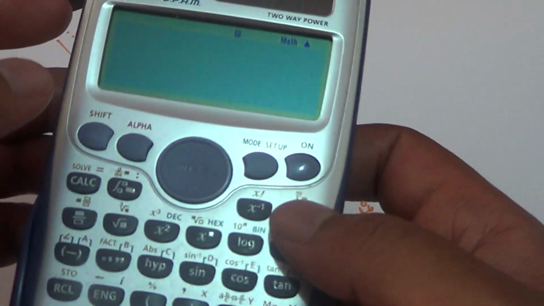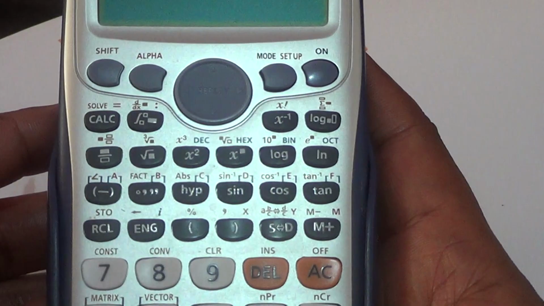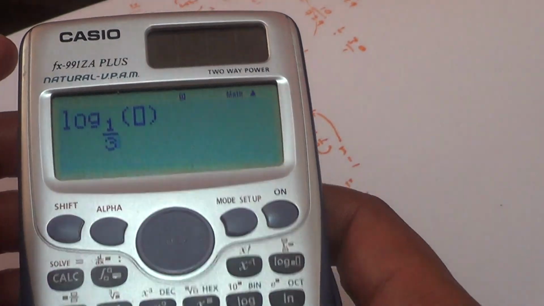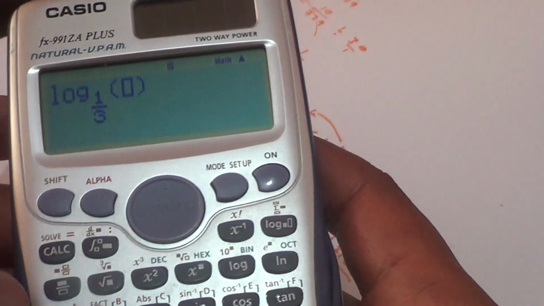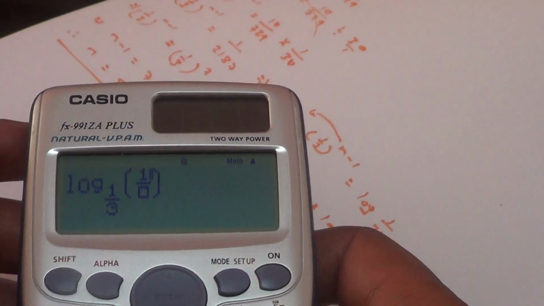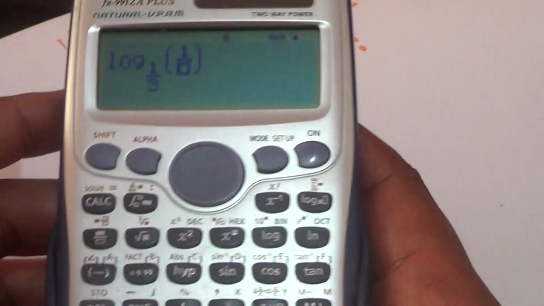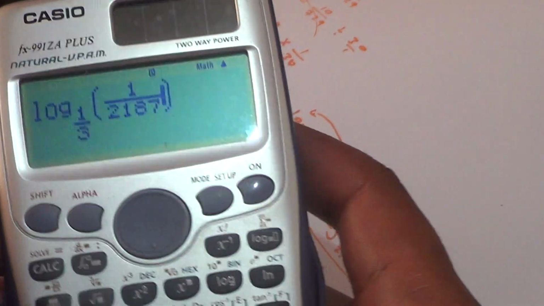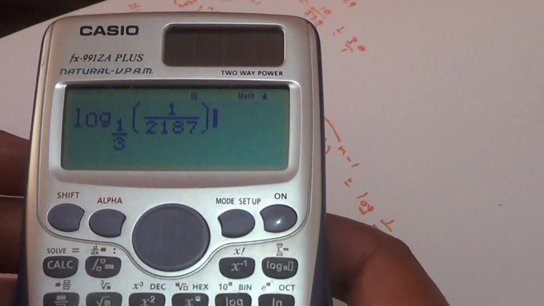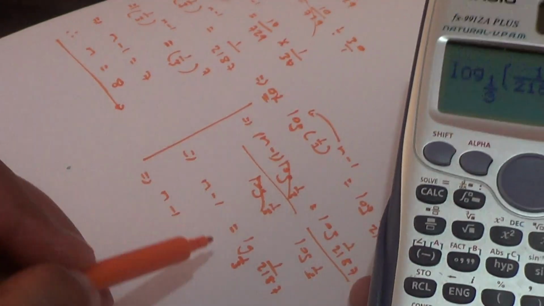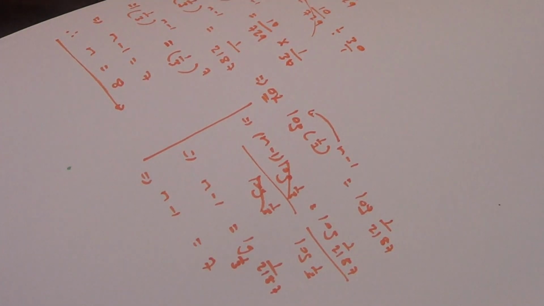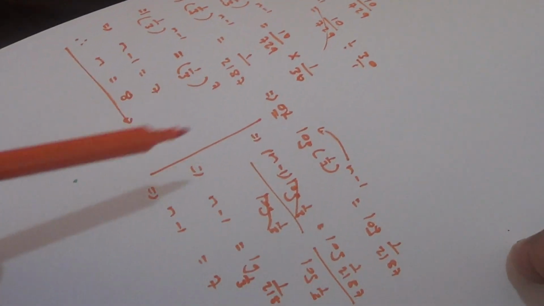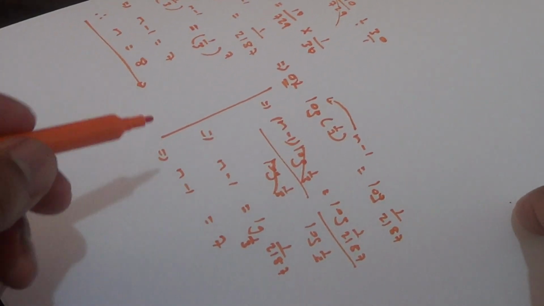Now you can just put in your calculator, my base here is a third, and then we have 1 over 2187. Now what do you get? 7. Nice. So at times you may struggle to think of what to do there. You can go this route, it helps you a bit.